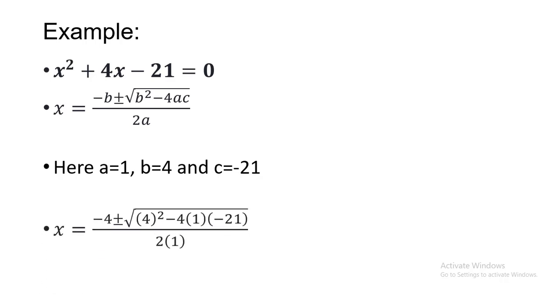Next, I substitute the values a, b and c into the quadratic formula. The result is x equals minus 4, why minus 4? Because it is minus b, and b is positive here, so minus 4 plus minus under root b square, that is 4 square, minus 4 times a, that is 1, into c, that is minus 21, over 2a, that is 2 into 1.